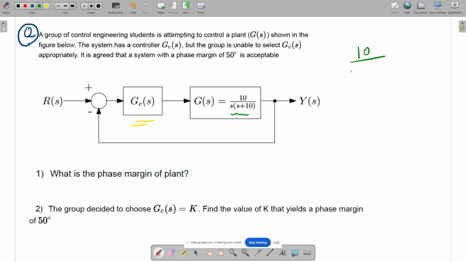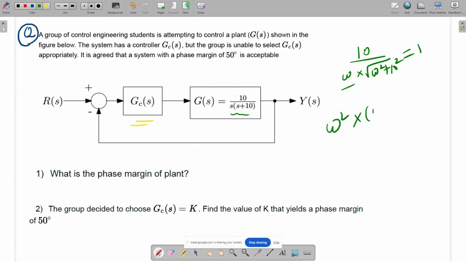10 divided by omega into the square root of omega square plus 10 square. This should be equal to 1. So omega into the square root of omega square plus 10 square will be equal to 10. Is it correct? So both sides I am just squaring.